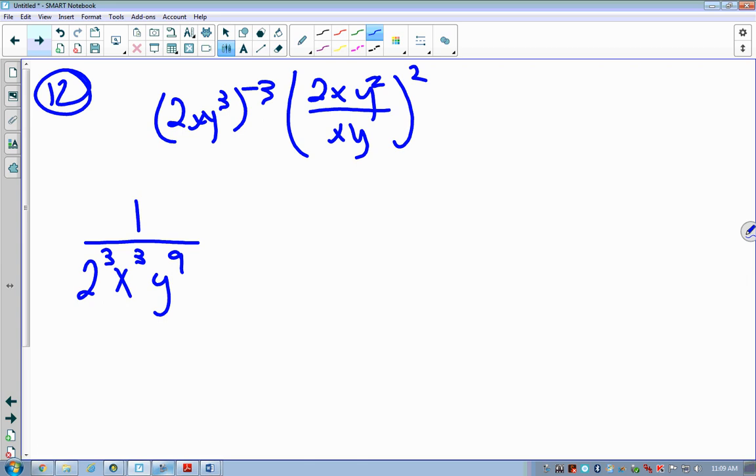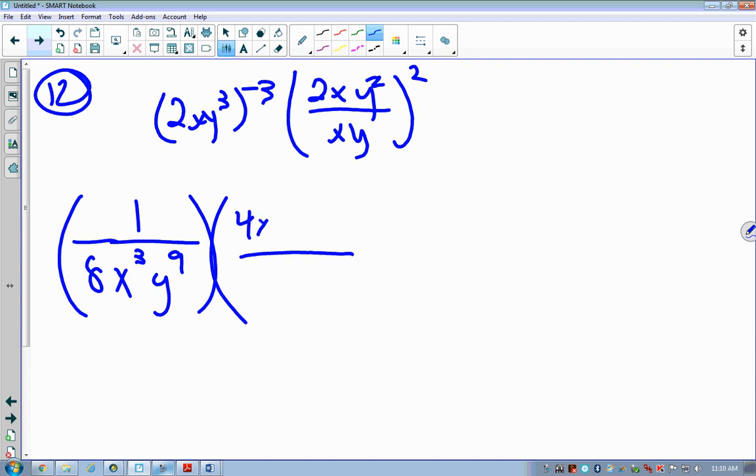I'm going to turn that 2 cubed into what? 8. Times, that's going to give me what in the numerator? 4x squared y to the 4th over x squared y squared.